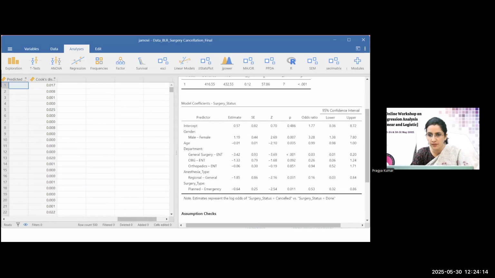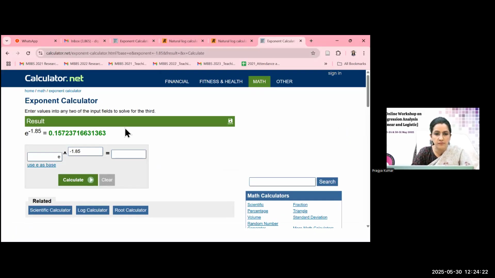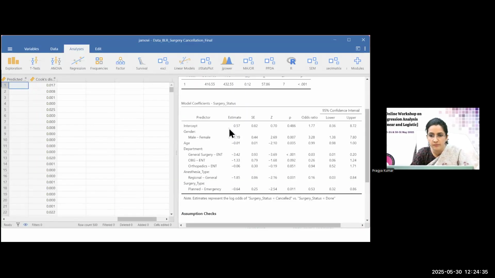And if you see the value, minus 1.85, 0.16. No, let me check. It is 0.15. And what is the value there? That's okay, it is 0.16 because it is rounded up, the next digit is more than 5.